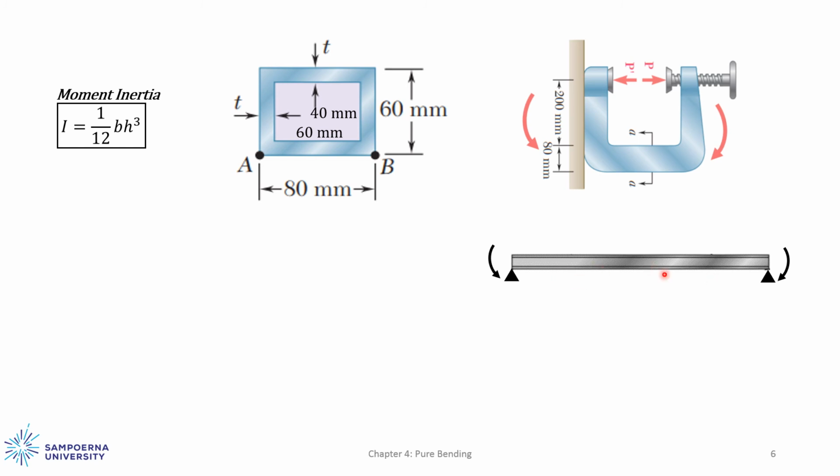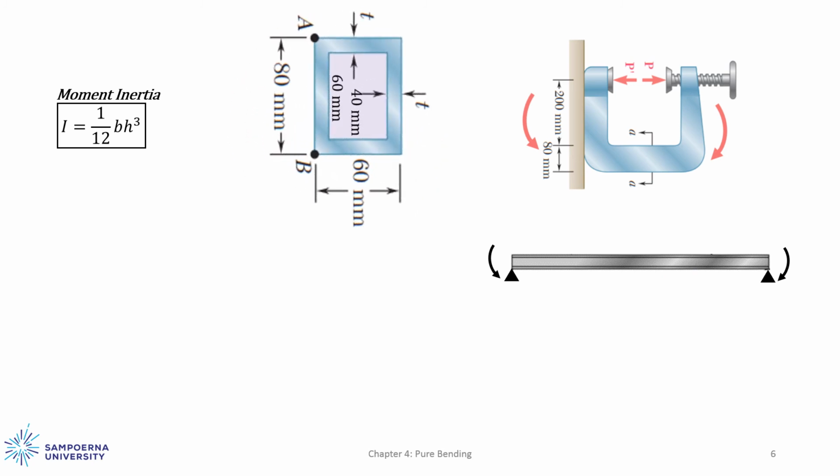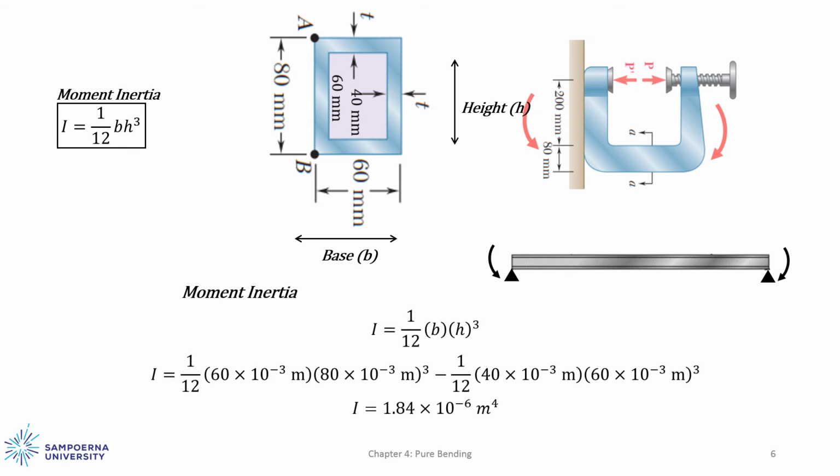Therefore, now the cross section looks like this. And from what we know, in the general beam, the base is this and the height is this. Or in a simple way, the base is always perpendicular to the direction of bending, and the height is always parallel to the direction of bending. Finally, we can calculate the moment of inertia.